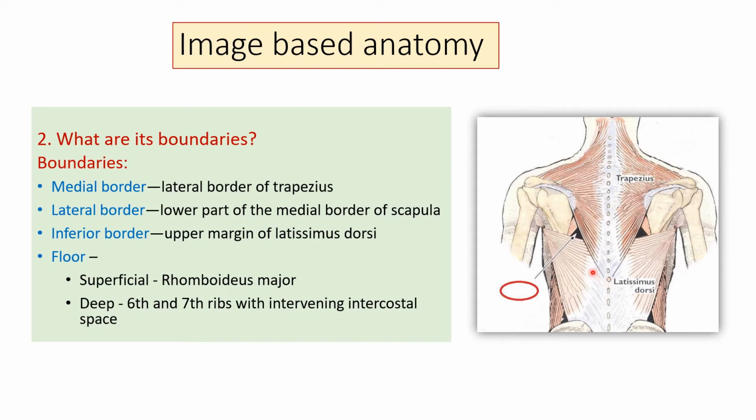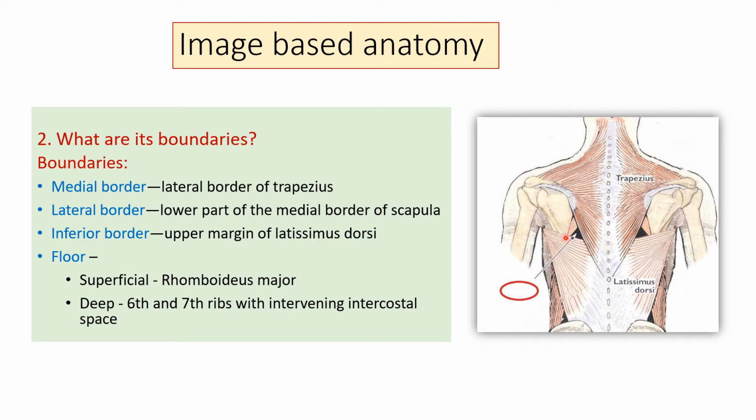So what is the lateral border for this area? So you are seeing the scapula, the bone scapula, and then this is the medial border. So the lower part of medial border is forming the lateral boundary for the triangle of auscultation.